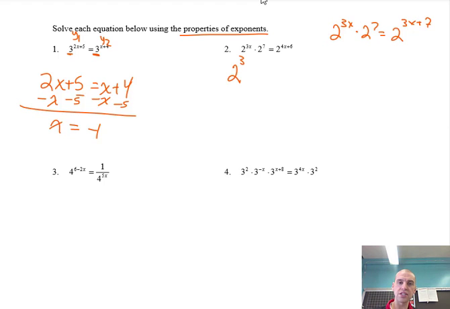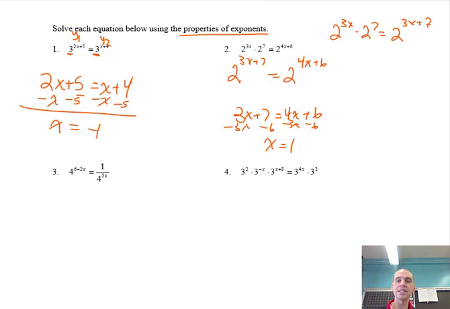So I can rewrite that as 2 to the 3x plus 7 using the properties of exponents. When you multiply, you add the exponents. And now look, I only have one base of 2 on each side. Therefore, I can now set the exponents together, subtract the 3x, subtract the 6, and get x to equal 1. And again, you can test it if you want to in the calculator.